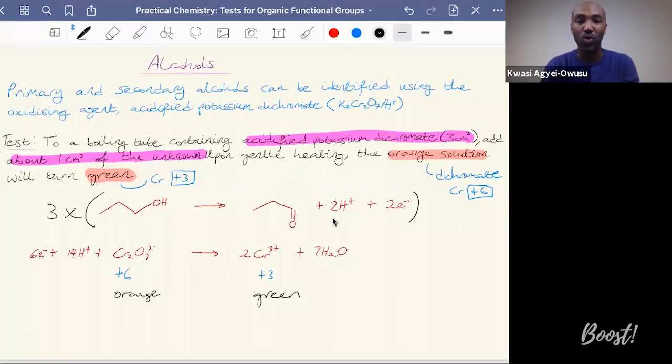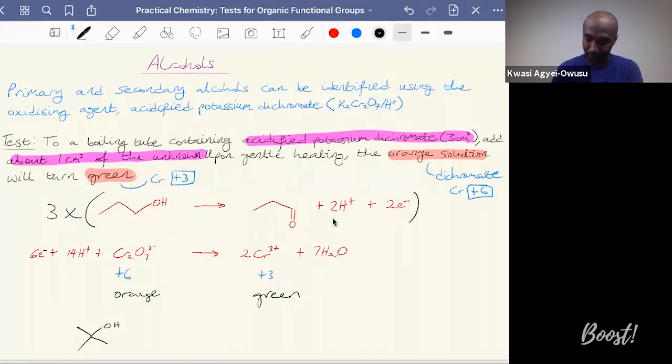Okay, so that's your test for alcohols, so primary and secondary alcohol. Of course, a tertiary alcohol cannot be oxidized. So if we drew an example of a tertiary alcohol, it could be this one here, methylpropan-2-ol, which cannot be oxidized.